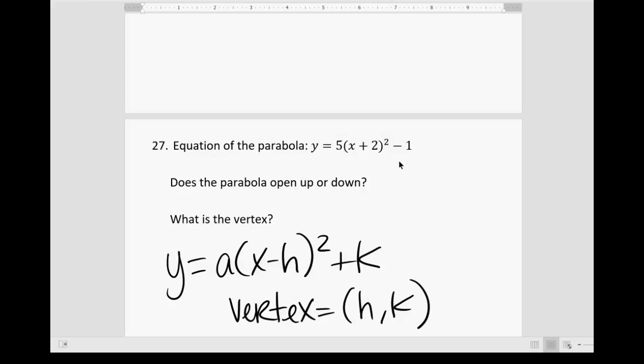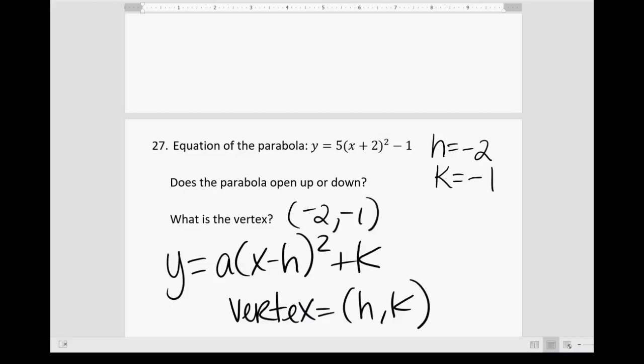So this is x plus 2, so the h in this case is negative 2, and the k is the same. The way that I teach this, I say change the h, keep the k. So you change this to negative 2, and then you keep the k, keep that the same. So the vertex would be negative 2, negative 1.